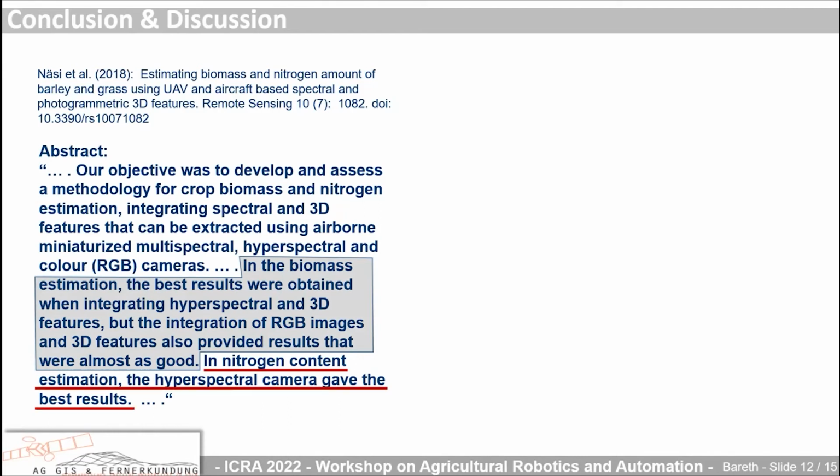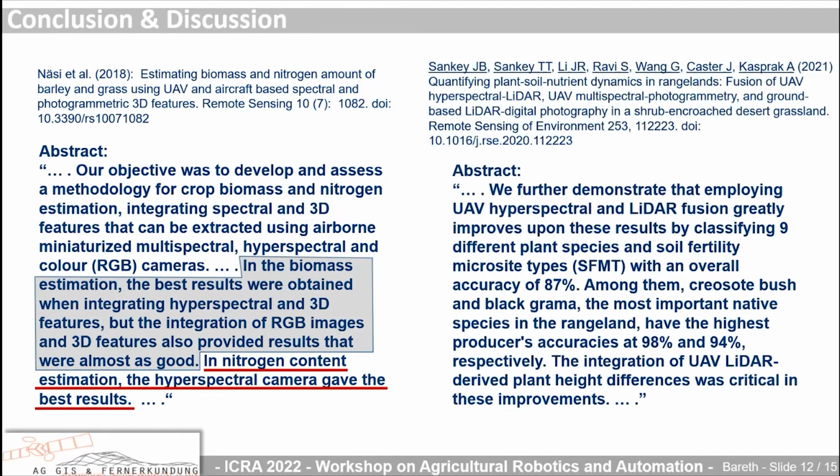But for nitrogen content, the hyperspectral camera in their study gave the best results. So that's still competing, but you need good weather conditions for the spectral camera. It should be proven whether you can produce it in practice from remote sensing under management perspectives.